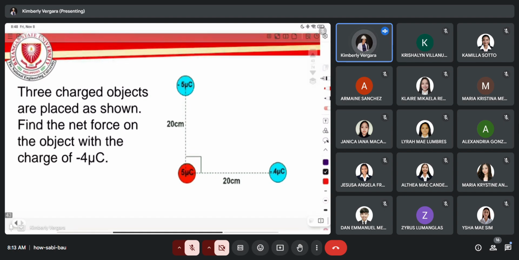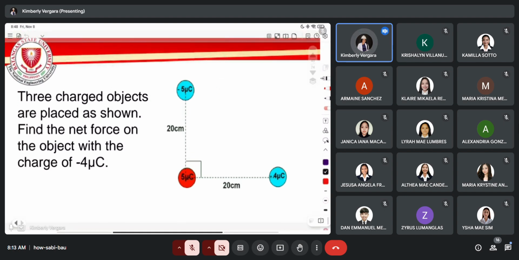Mapapansin niyo po dito, yung R is the distance between the charges. How about kapag tatlo na po yung charge natin, like this one? Ibig sabihin po niyan, meron po tayong effect doon sa isang charge, both by those two charges na nakapalibot sa kanya.